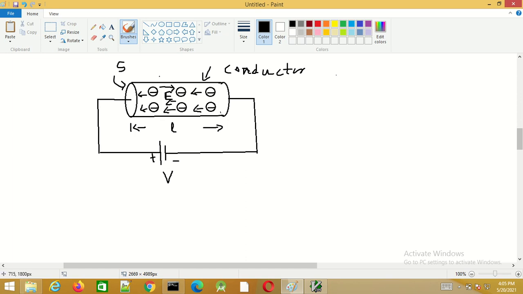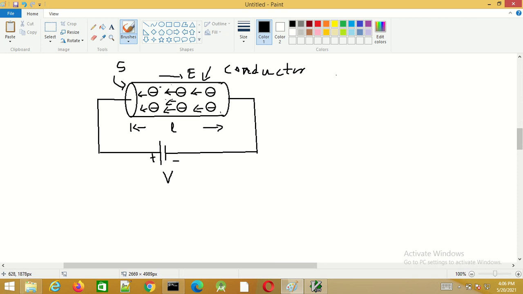This electric field I will indicate here. This electric field is inside the conductor. These electrons, because of the applied electric field, will be moving in this direction.